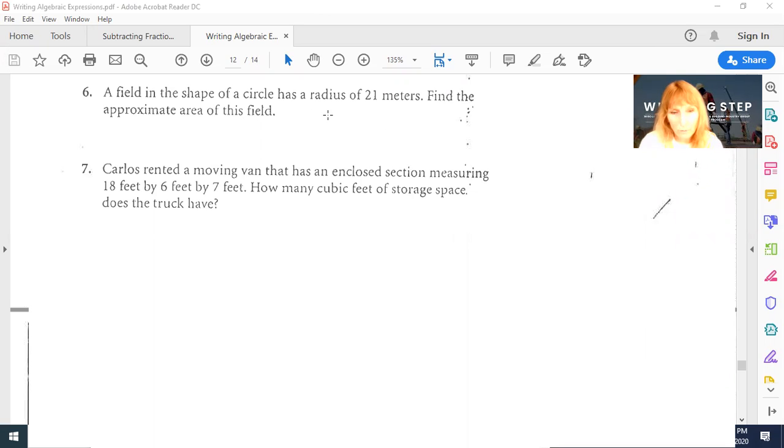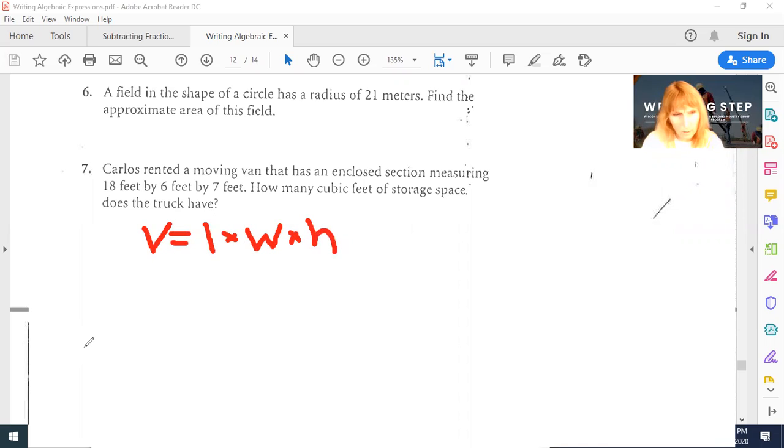A volume formula. Yes, so we need the volume of a rectangular prism because it looks like it's a rectangle. So the volume of a rectangular prism is length times width times height. Okay, so we just plug in the numbers.